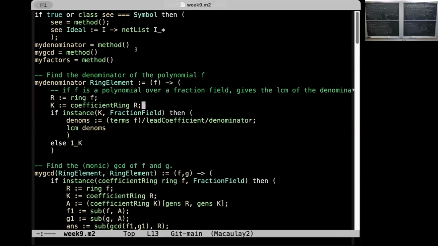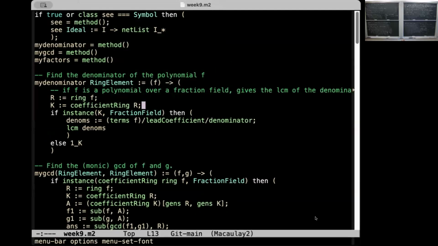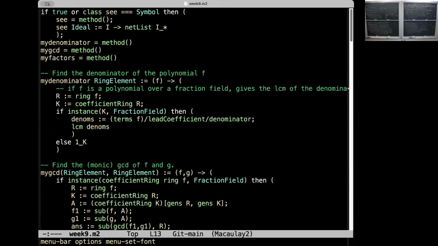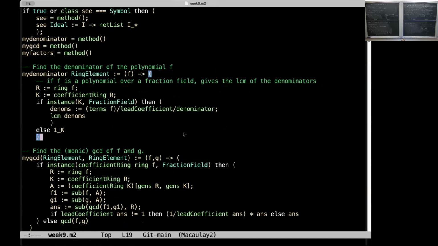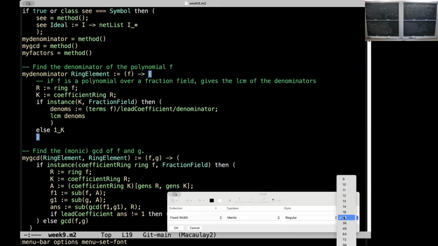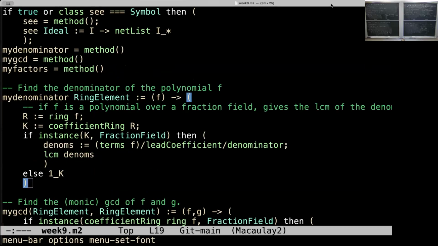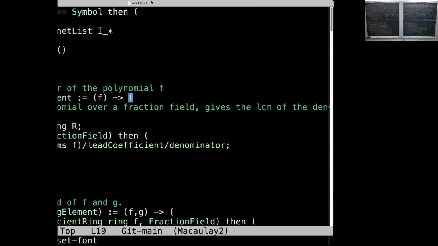Let me increase the size. Is that okay? Oh, it's too long though. I have to make it a little shorter.